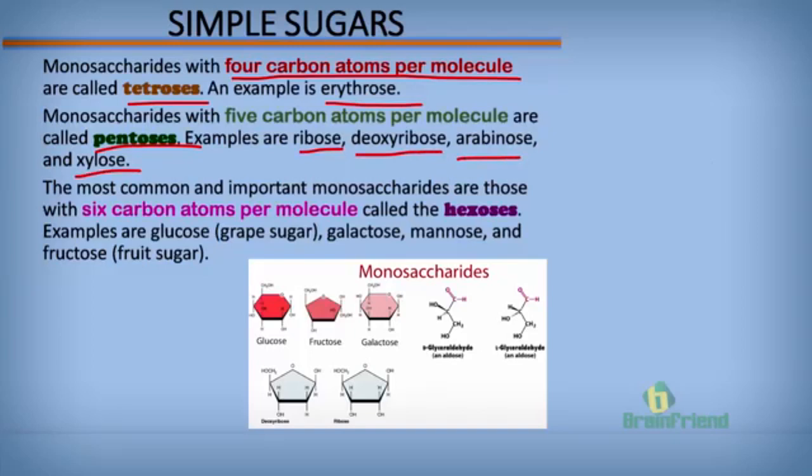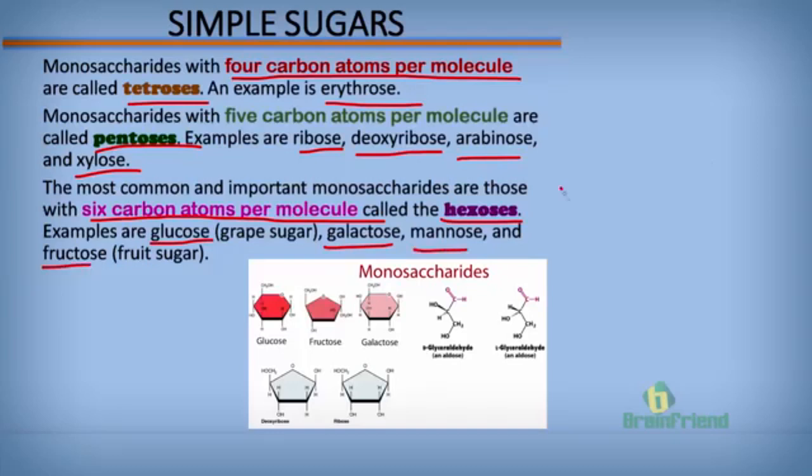But the most common and important monosaccharides are those with 6 carbon atoms per molecule. Those types of monosaccharides are called hexoses. Examples are glucose, another name for which is grape sugar, galactose, mannose, and fructose, also known as fruit sugar.